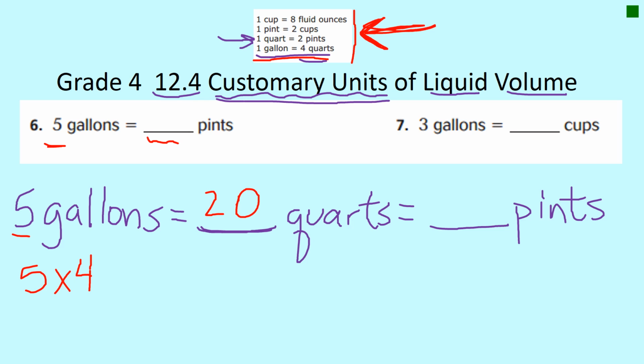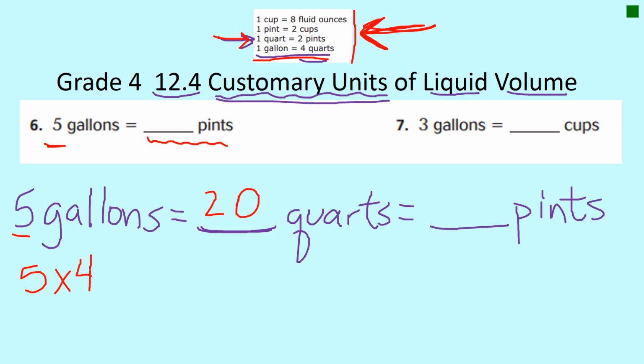We're still not done though, right? We've got to get to pints. So now I'm looking at my conversion chart, quarts to pints. So it's right here by this purple arrow that I just drew on with red. So 1 quart equals 2 pints.